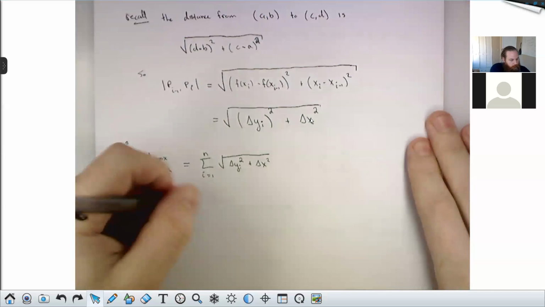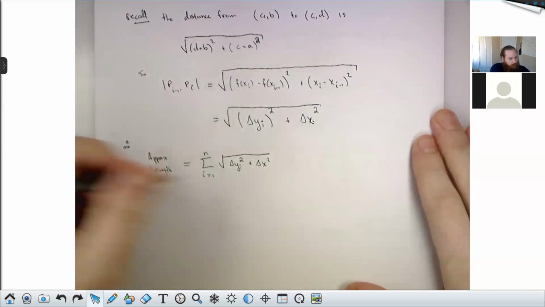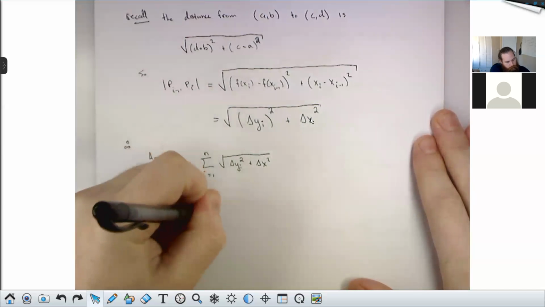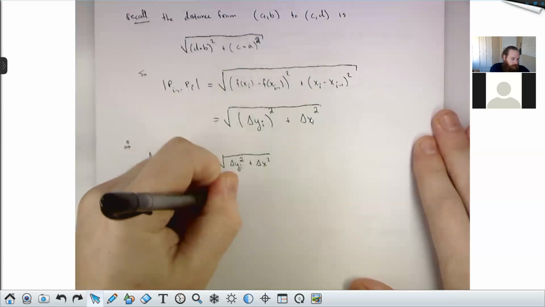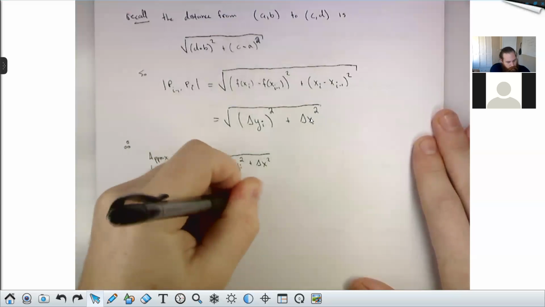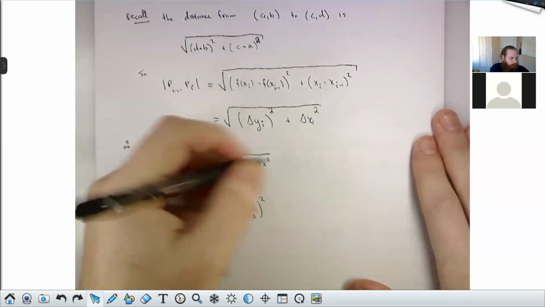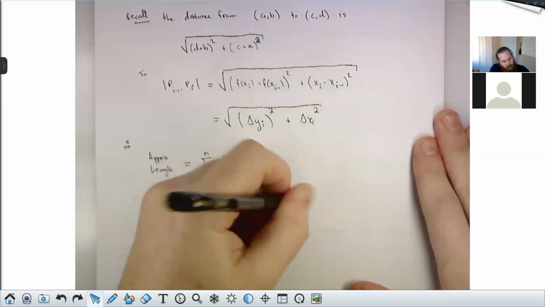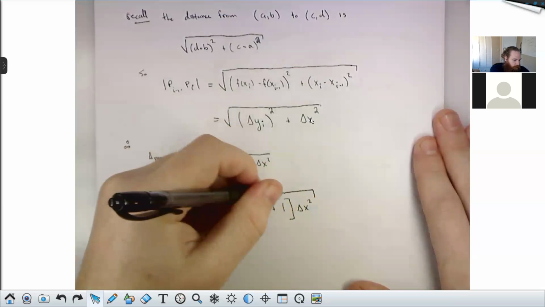If I force factor out a delta x squared, then this will be the sum from i equals 1 to n, square root, open big parentheses, delta yi over delta x squared plus 1, times delta x squared, all under my square root.